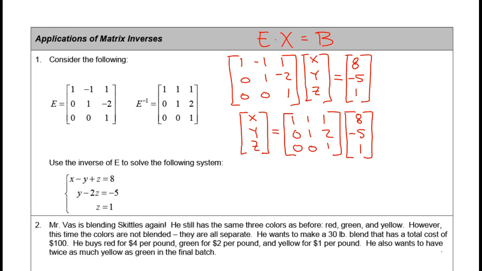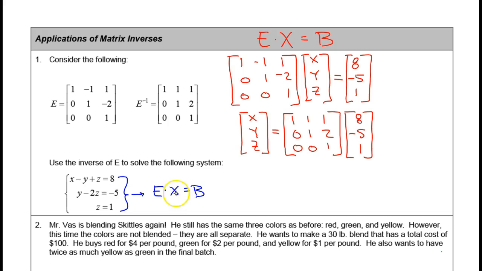I want to pause here for just a second to give some of you a chance to catch up. This system right here, I have rewritten as matrix E times matrix X equals B. E is the coefficients, X is the variables, B is the constants.